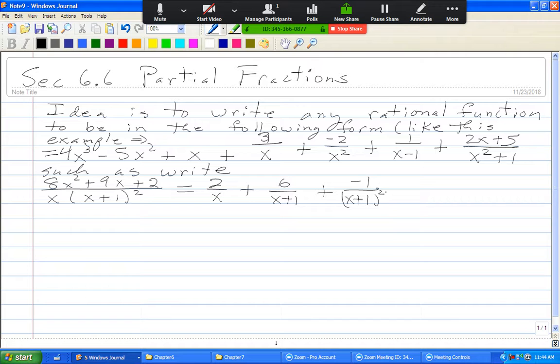Okay. So let P of x and Q of x be polynomials with real coefficients.